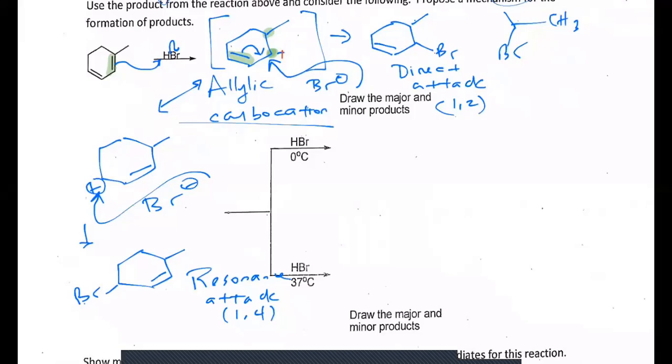If you watched the video yesterday, you'll know that you can control which one you get based on the temperature. So it's a temperature-controlled reaction. If I do the reaction at low temperature, so 0 degrees, that's just an ice bath, then I'm going to get this product as the major product.